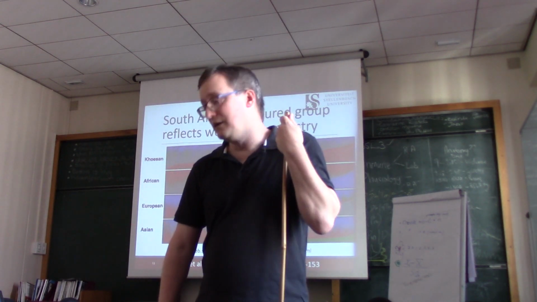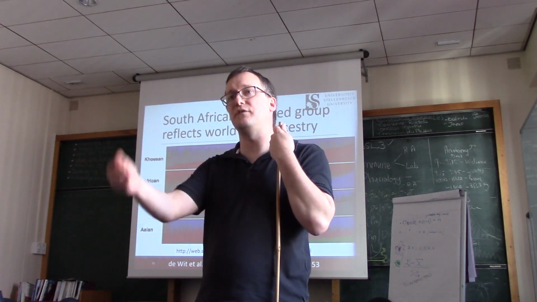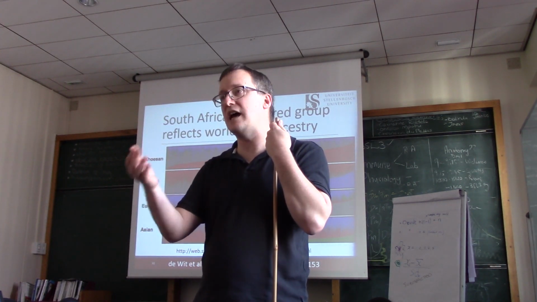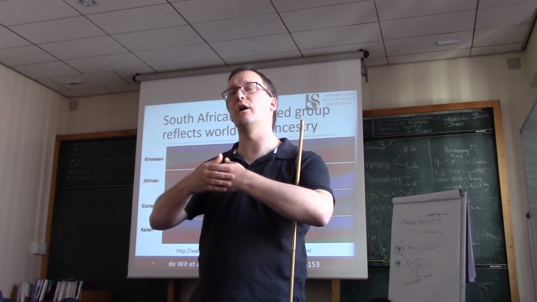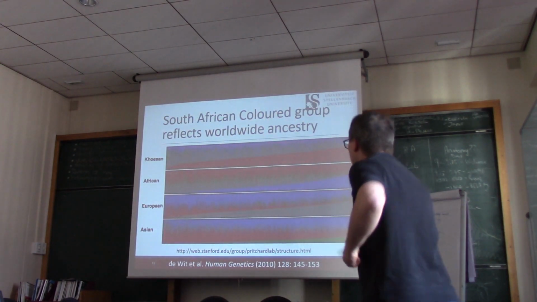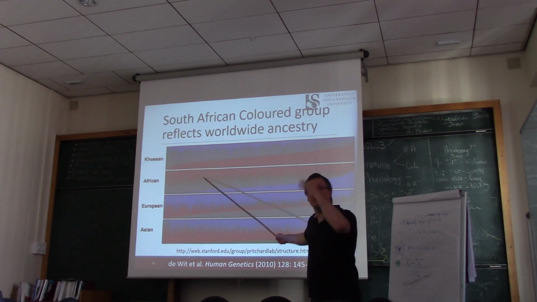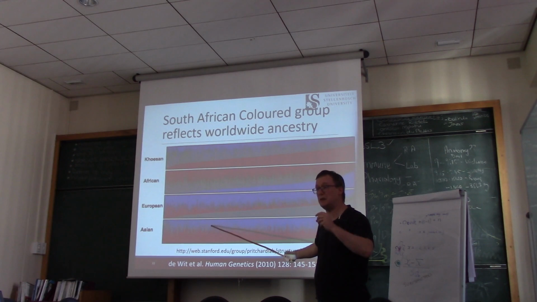So what we see is that if we are to look at people from the South African colored population and ask where are their markers reflecting their origins, we find that we can sort them in any number of ways. In each of these graphs is exactly the same people.